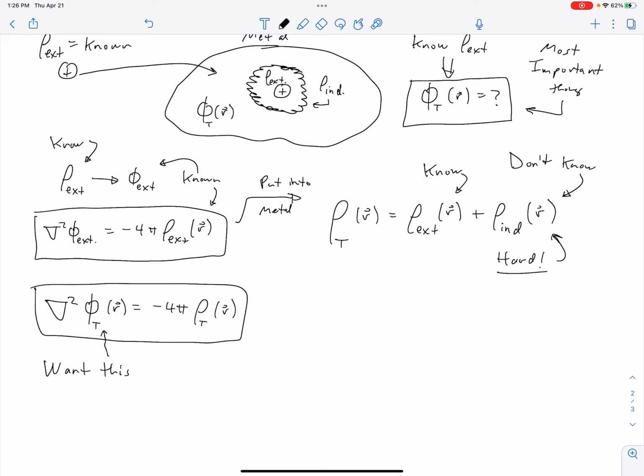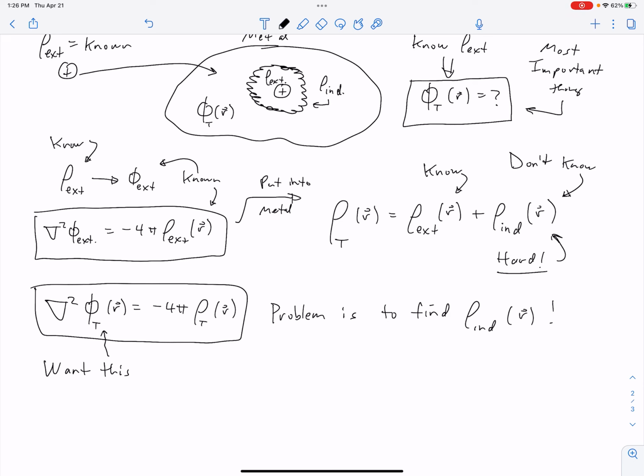But the reason we can't get it is that we don't know the induced charge. The problem is to find the induced charge. So how do we find the induced charge?